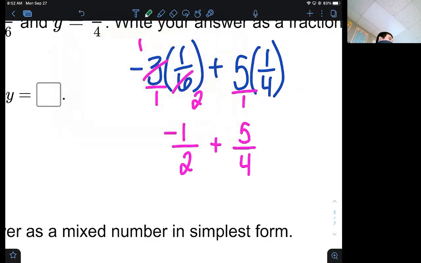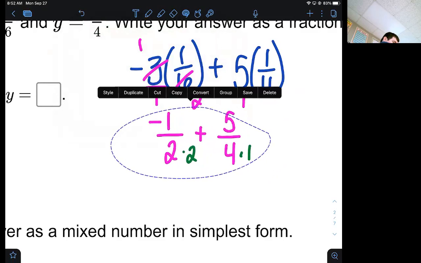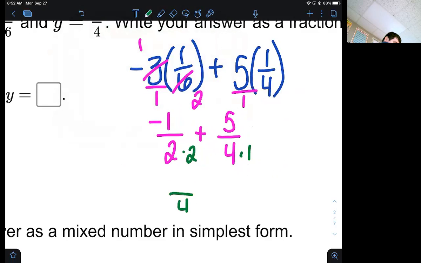So what is the first multiple of 2 that's also a multiple of 4? 4. 2 times 2 is 4, and 4 times 1 is 4. So we can change these and make them out of 4. The second fraction doesn't have to change at all. The top fraction, what's negative 1 times 2?